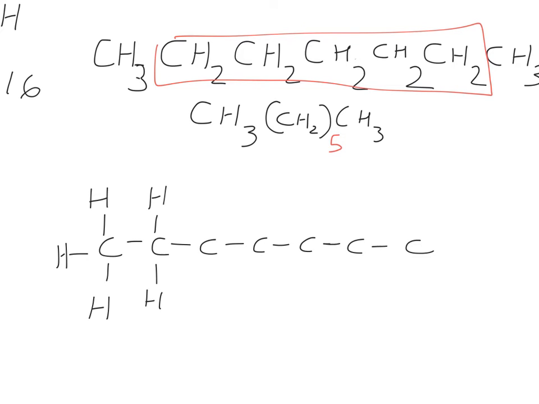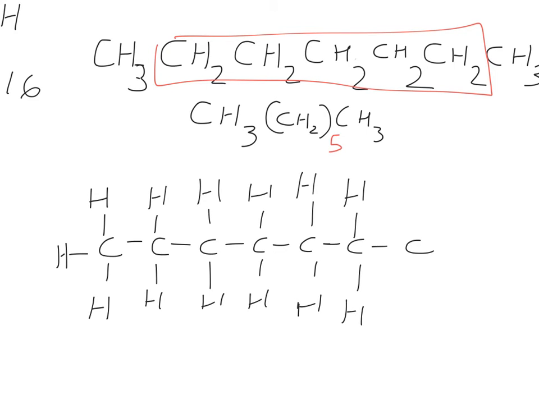So I've done my 7 carbon chain. Now I just go in and fill in and make sure everybody has 4 bonds, which means for my center party, everybody gets 2, except for my terminal carbon. When I come to that last carbon, it gets 3 hydrogens to make sure that it winds up with 4 bonds total. And that's all there is to this one.